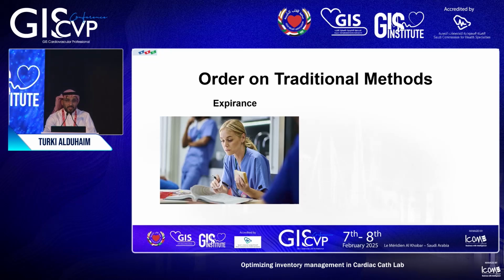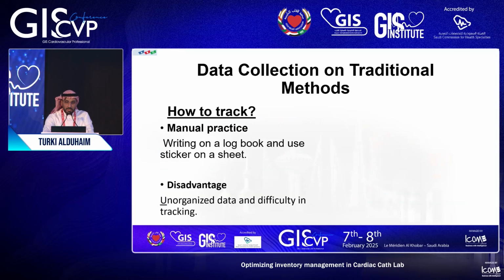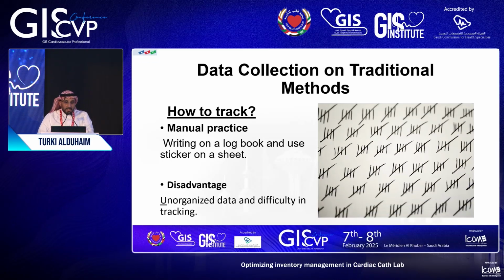Then when he leaves, he will leave that for a new junior comer, who will start working on intuition, which will be an unorganized order, and even so, no data will be saved for the institute. How to track or collect data: manually, writing in a logbook and using tick sheets. As we said, this will be unorganized data and difficult to track the items.